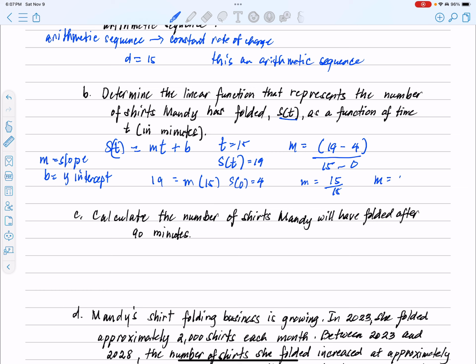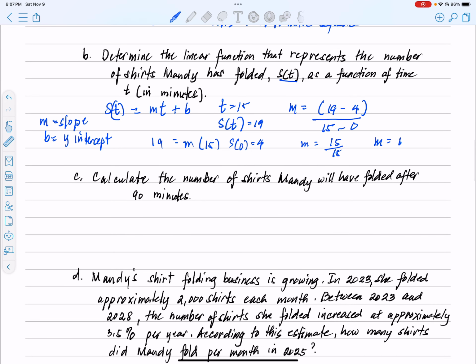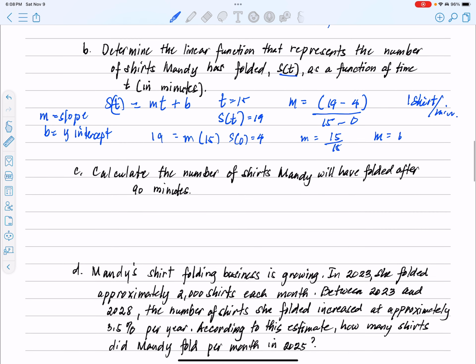What does it mean? Monday folded 1 shirt per minute. Okay, so the y-intercept is the number of shirts folded at the start, which is when t is 0.